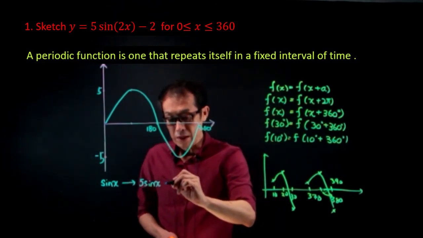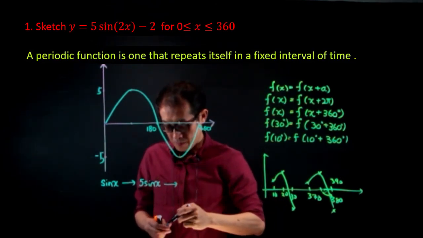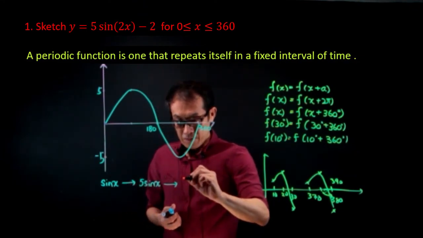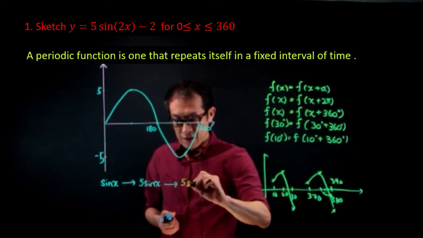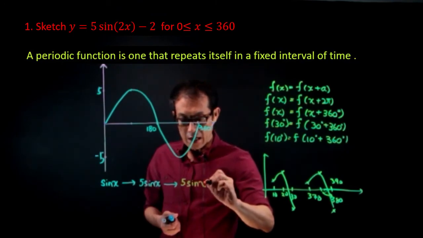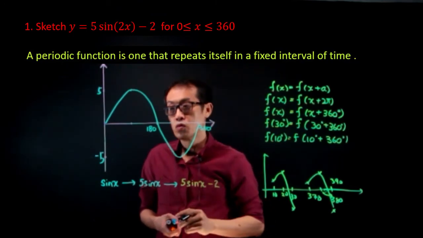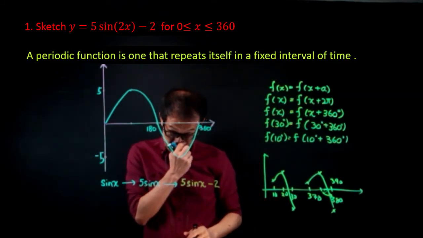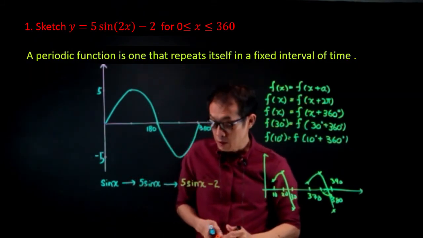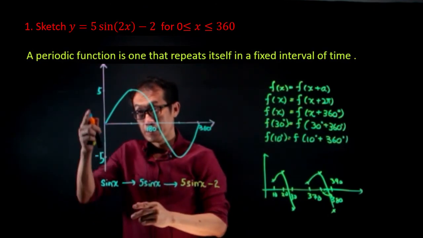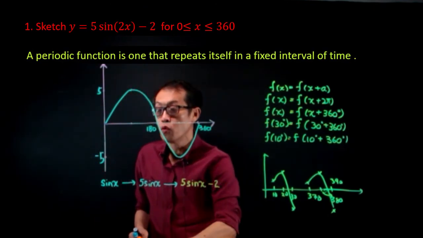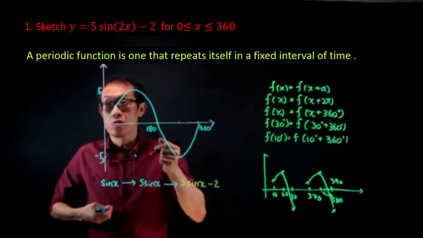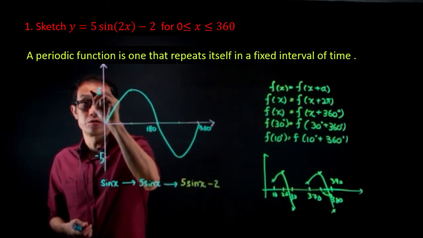Then let's transform it to 5 sine x minus 2. So we will move the graph down by 2. Now, this was 5. If I move it down by 2, it will become 3.